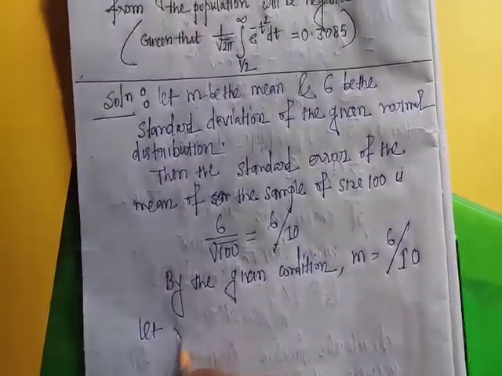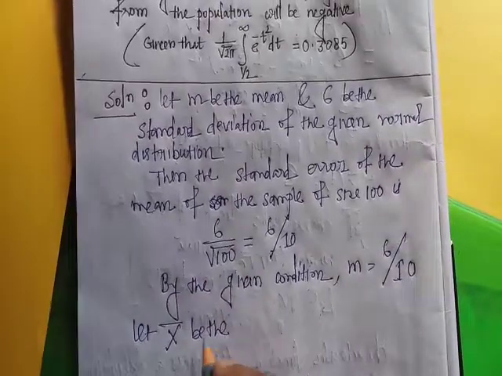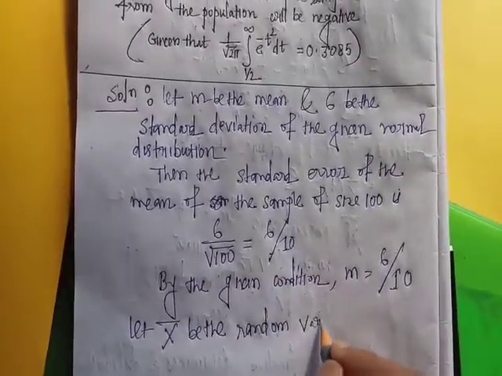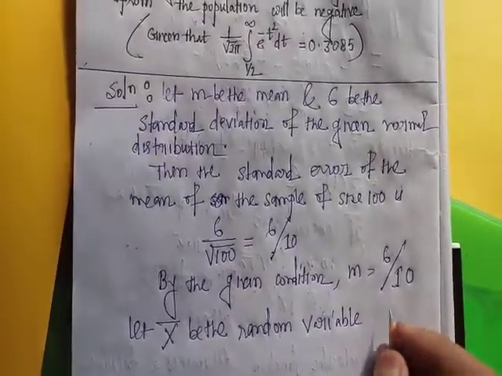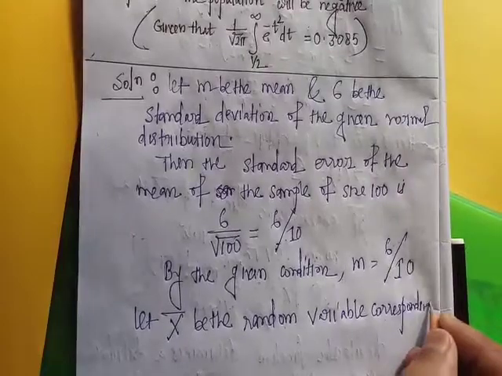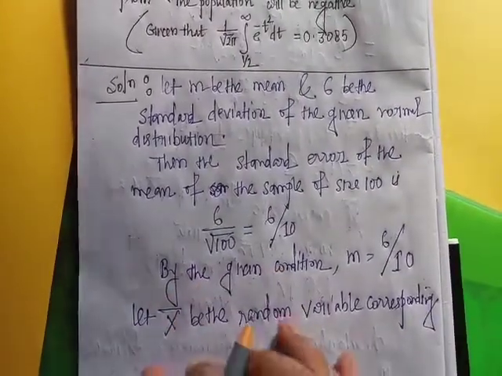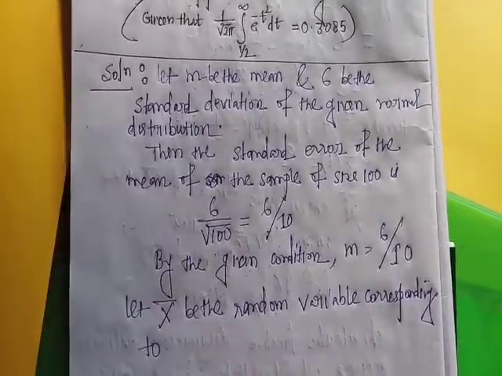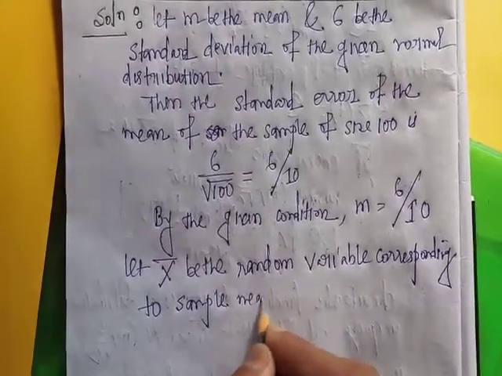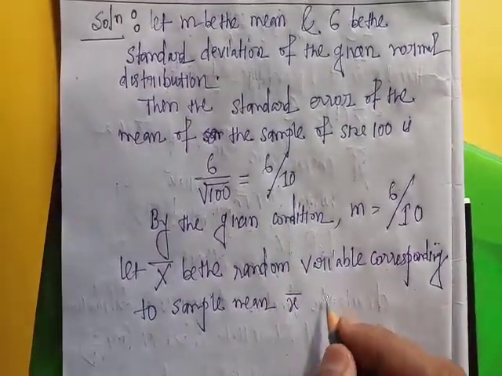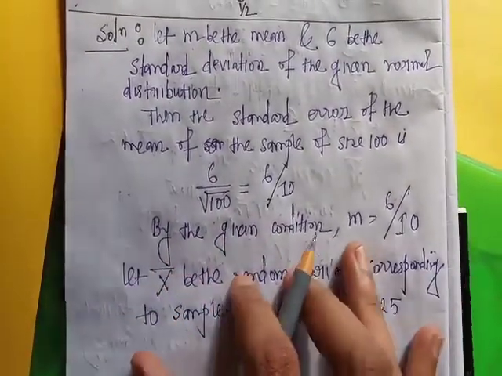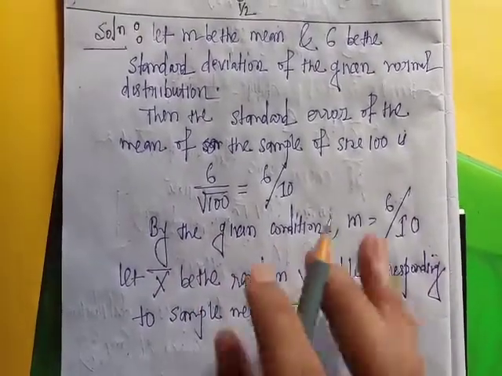Let capital X bar be the random variable corresponding to the sample mean small x bar of sample size 25.